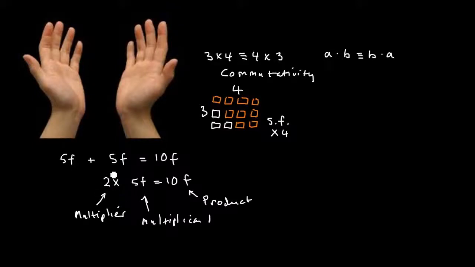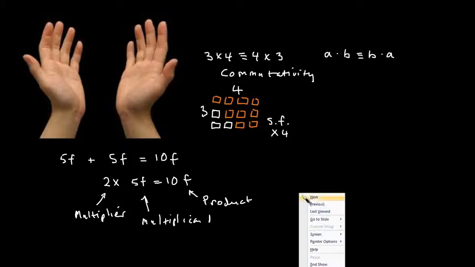We can see visually that the multiplier is just a number here, and the multiplicand is attached to the fingers, you could say. So these are very different kinds of things. If we were going to commute the 2 and the 5, we would still have only a multiplier and a multiplicand. We would still have this difference.